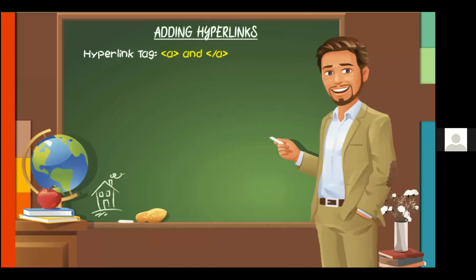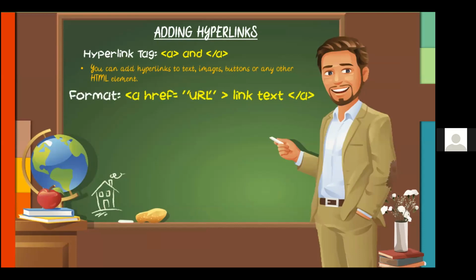Adding hyperlinks. A very important thing. We can add hyperlinks to any of our words or text or images. So HTML hyperlinks. You can add hyperlinks to text, images, buttons, or any other HTML elements.